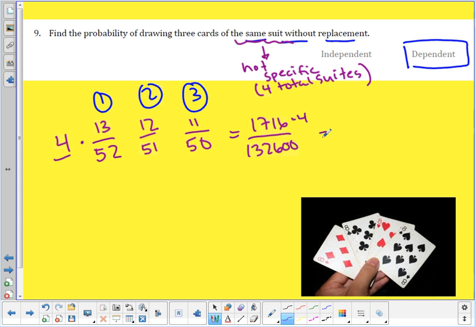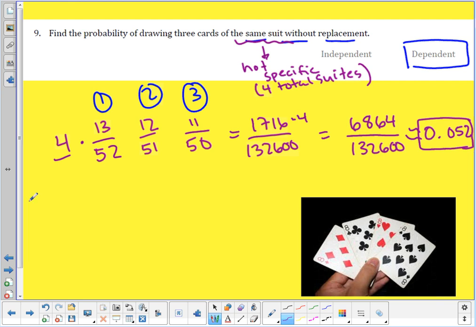If I multiply that by 4, I end up with 6,864 out of 132,600. And then I can find my approximate decimal, which is 0.052. So a very small probability here. You know, only 5% chance that that will happen, but there you go. So multiplying by 4 gives me one option for each of the 4 total suits, really is what happened there.